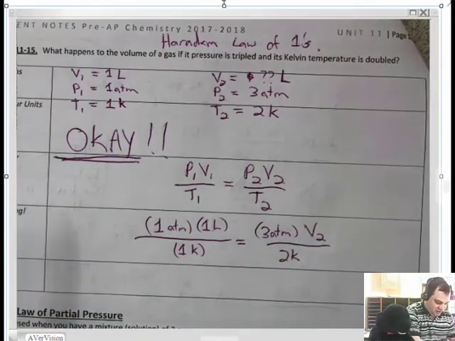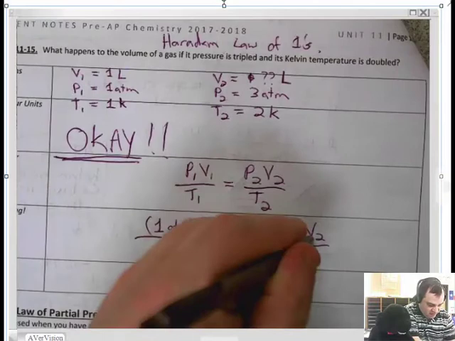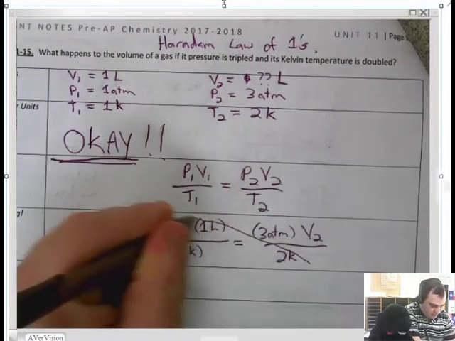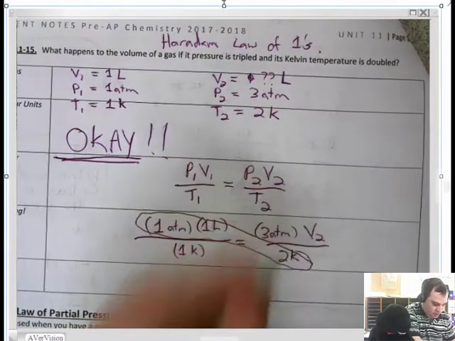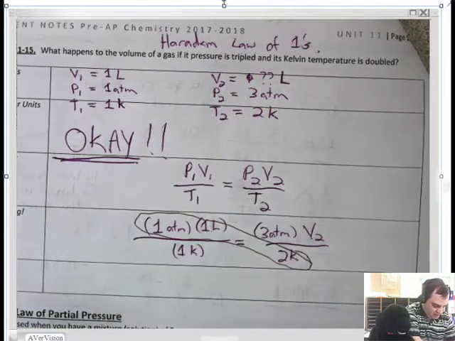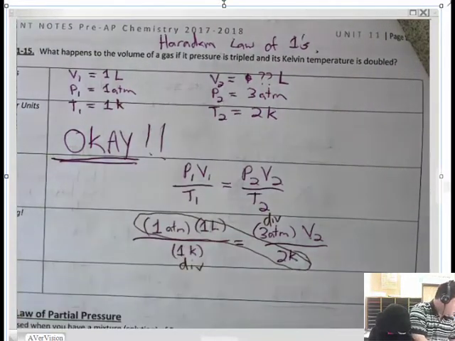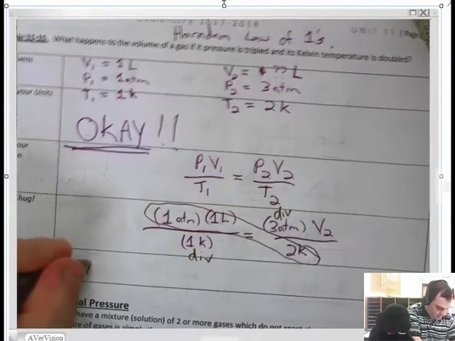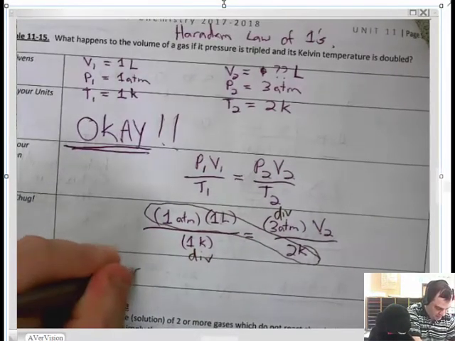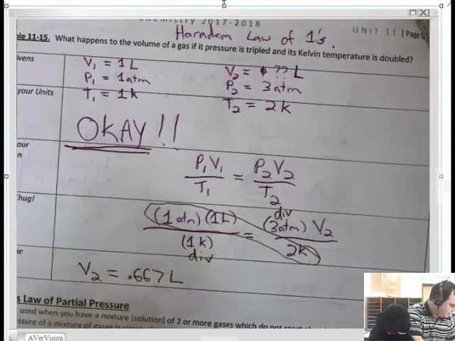Again, we're going to do the cross multiply thing here. V2 is here, so we circle the 3 that is opposite of this. So you're going to multiply 1 times 1 times 2, and then you're going to divide by 3 and divide by 1, which gives you a V2 of 0.667 liters.